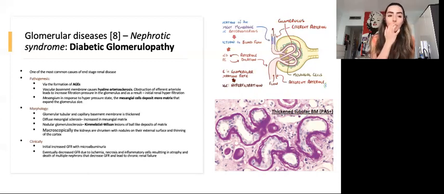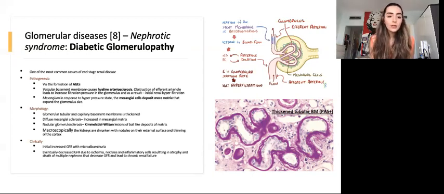This thickening of the basement membrane and the deposition of the advanced glycation end products leads to inflammation, making it more permeable and leading to proteinuria. First, you have microalbuminuria, but in later stages, it becomes macroalbuminuria.